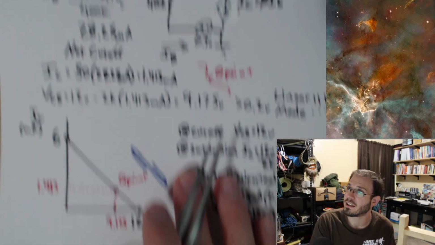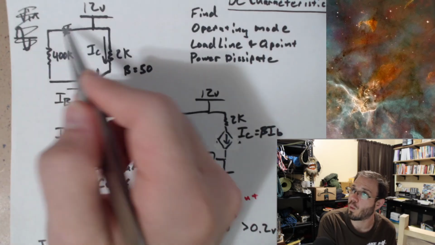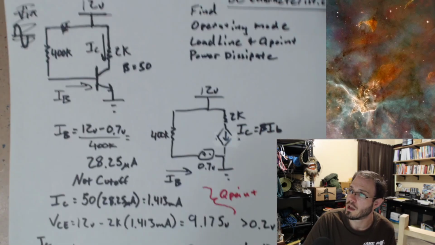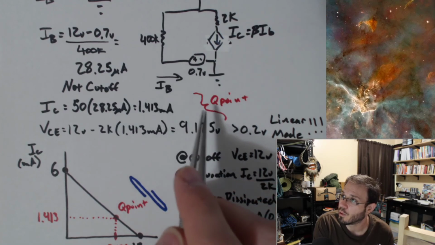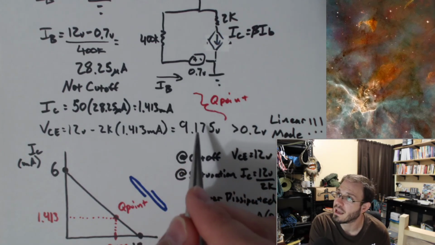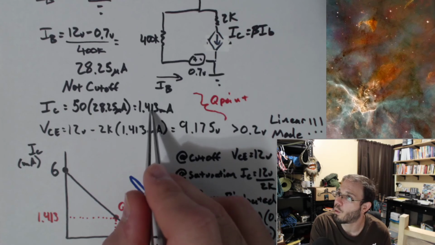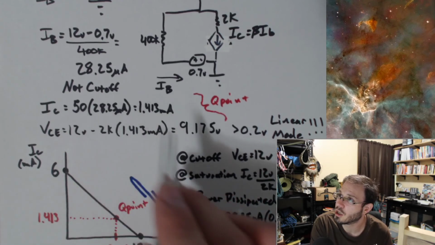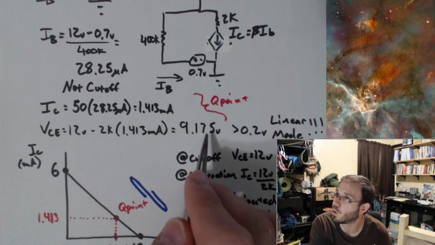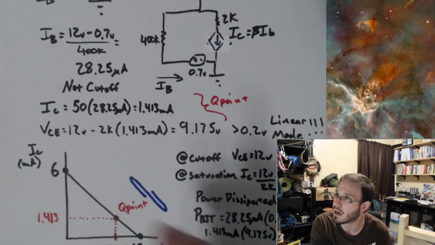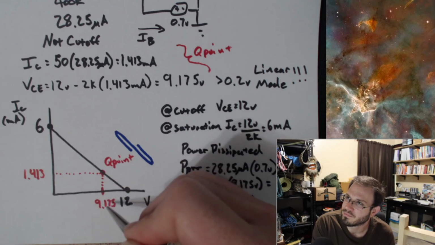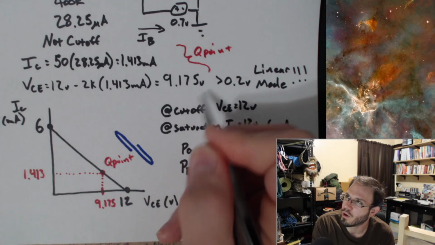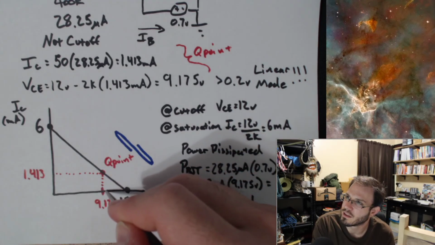But specifically, because this 400K was tied up to 12 volts, we already know what our Q point is. Our Q point, or our quiescent point, is currently operating at 1.413 milliamps of collector current with a 9.175 volt drop between the collector and the emitter. So our Q point on this load line should be 9.175 volts.